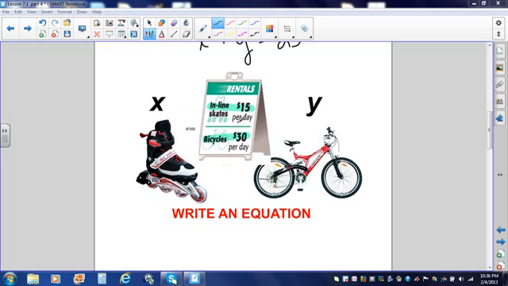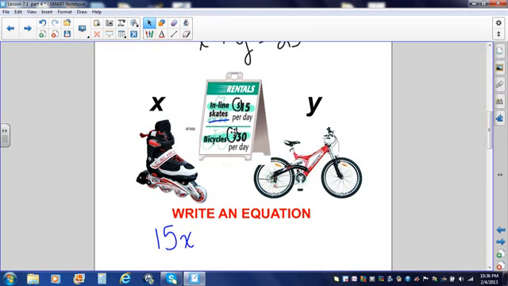Now let's write a second equation dealing with the prices. We know that the skates are $15, so we're going to write 15x. Skates are x, they're $15 each. We know that the bicycles are $30, so we're going to write 30y for our bicycles, and they are $30 each.